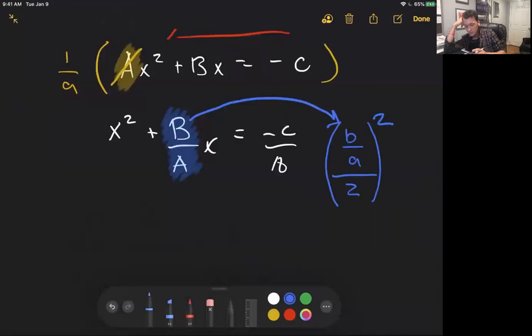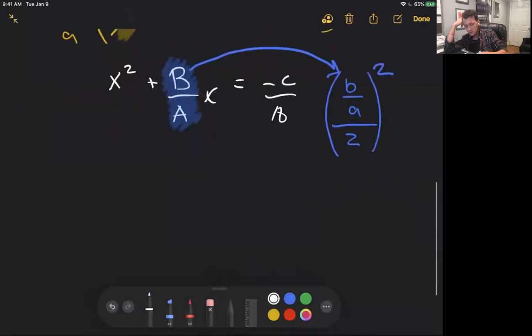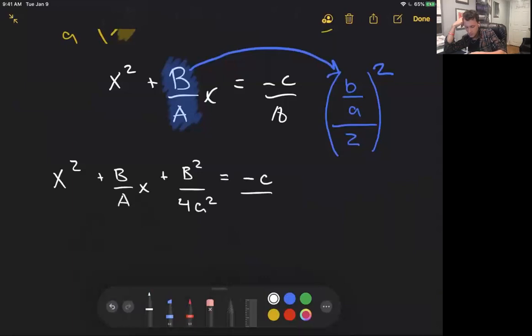I'm going to add that to both the left-hand side and the right-hand side of the equation. So I end up getting x squared plus b over a x plus the result of that, which is b squared all over 4a squared, is equal to negative c over a.